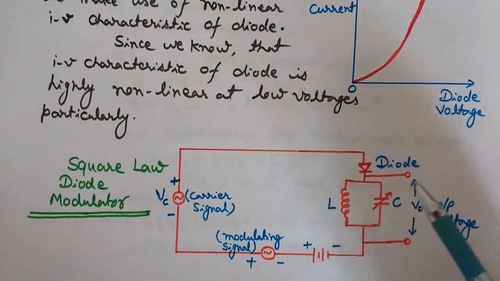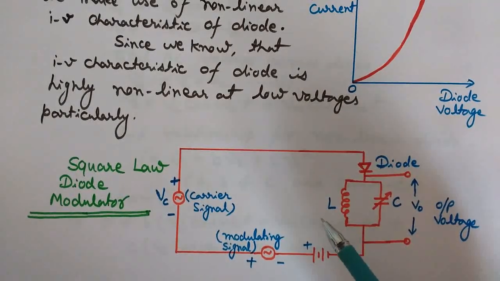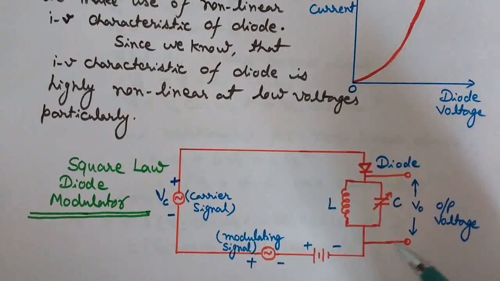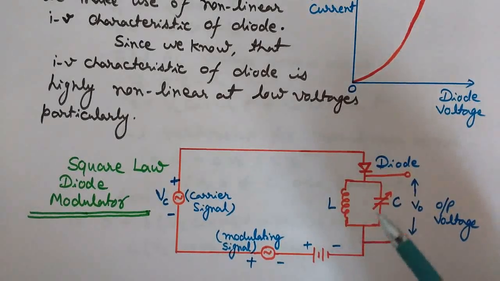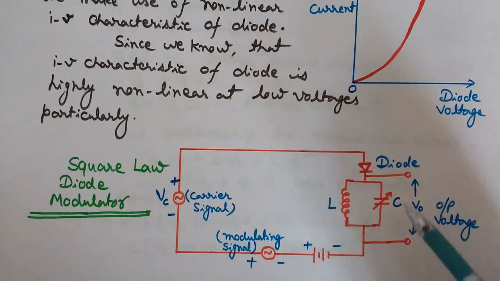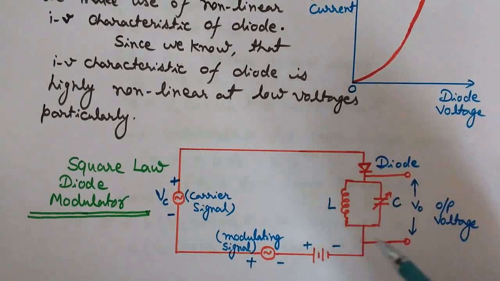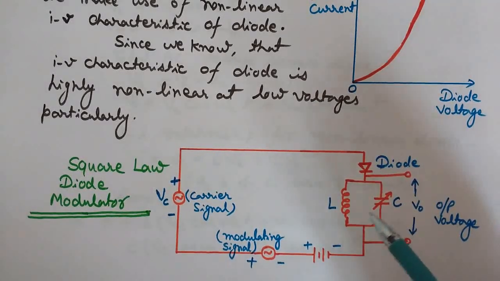We know that the lower sideband has a frequency a little lower than the carrier frequency, and the upper sideband has a frequency a little higher than the carrier frequency. So this tuned circuit is tuned to the carrier frequency with a narrow band. This narrow band only allows the two sidebands with the carrier frequency.